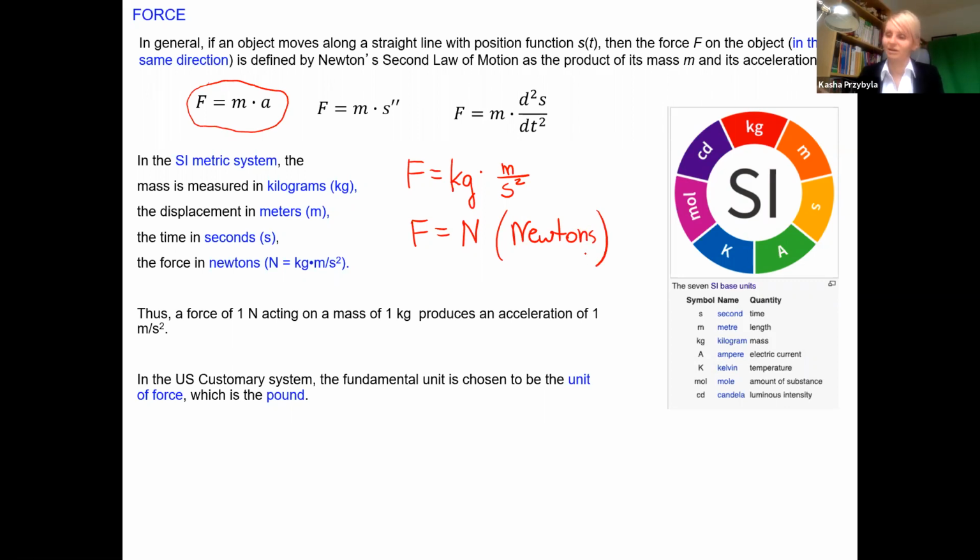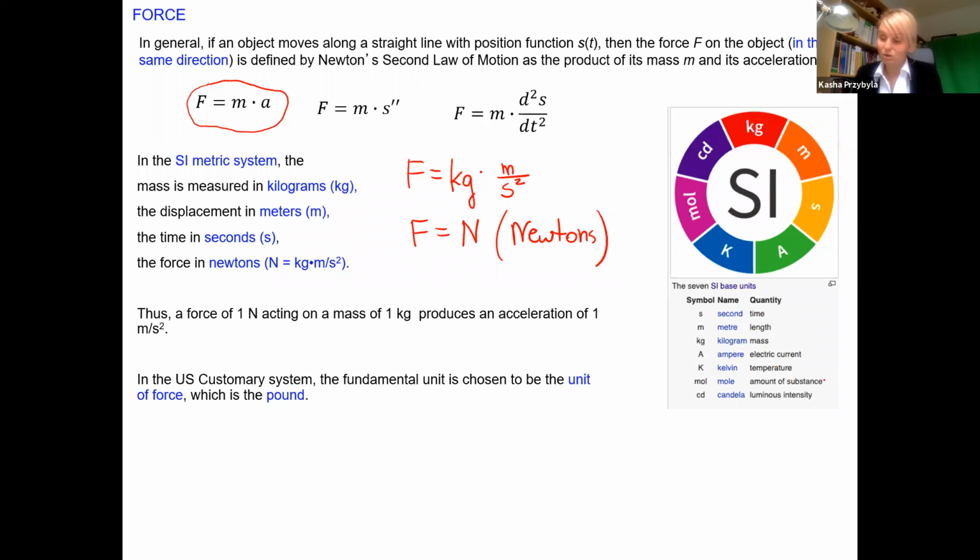I copied a picture of the SI units, just in general. Time is the second, length is the meter, mass is the kilogram. We will not talk about electric current, but it's the ampere. Temperature is actually not Fahrenheit, not even Celsius, it's the kelvin.